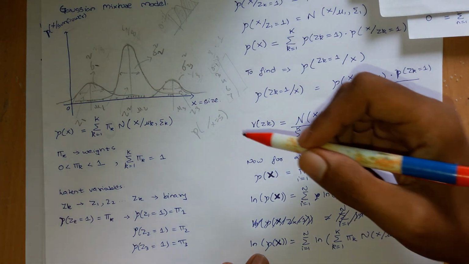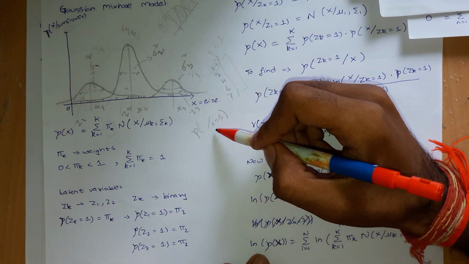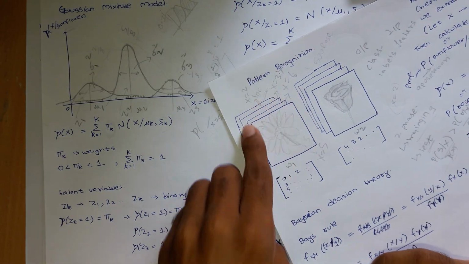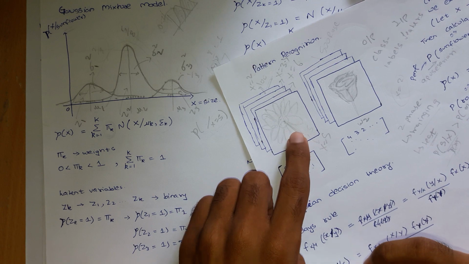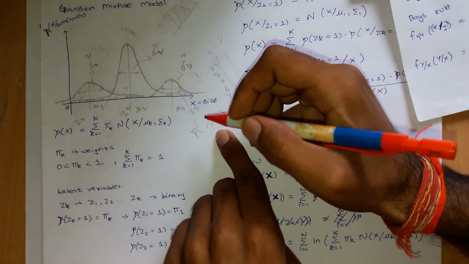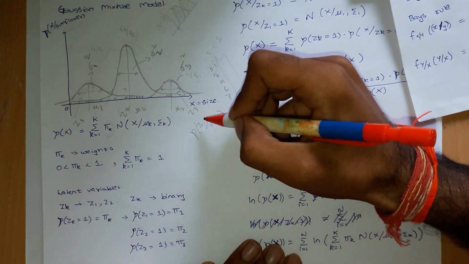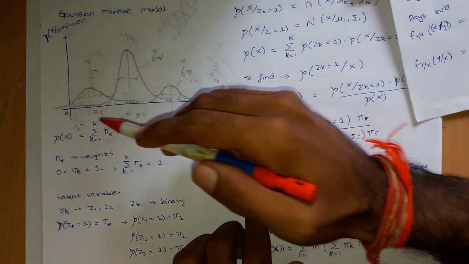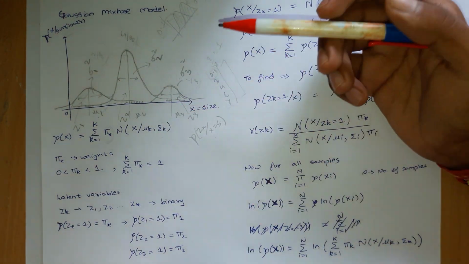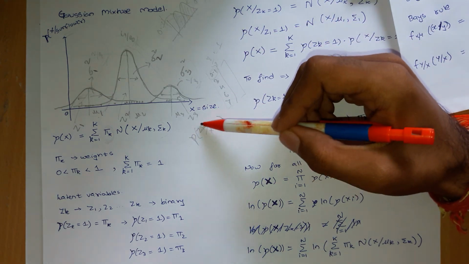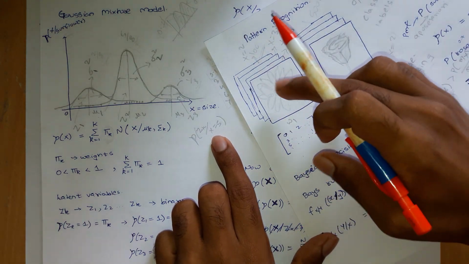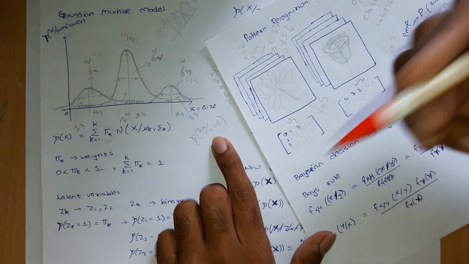So if x is equal to 5 is a given test sample, what is the probability that it falls under some zk, where k can be 1, 2, or 3, given that my test sample has some value, say 5?